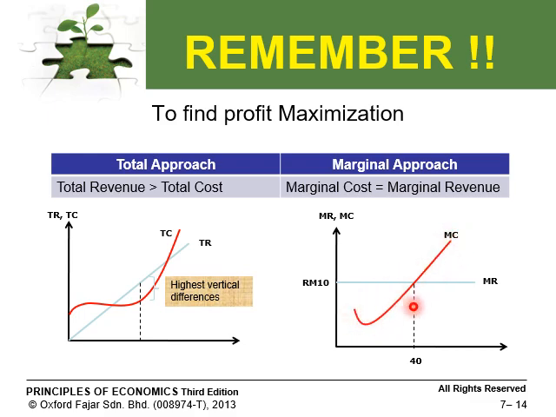The intersection shows where marginal cost equals marginal revenue. So the equilibrium quantity will be 40 units at 10 ringgit. This is where they find profit maximization according to the marginal approach in a perfect competition market.